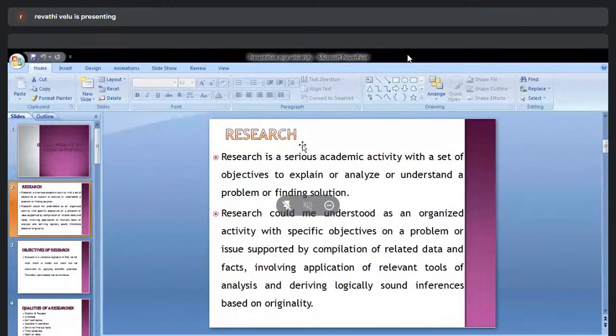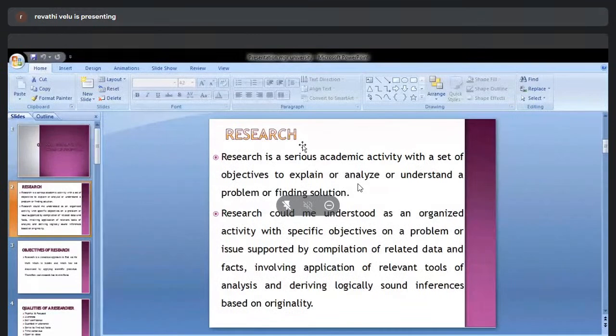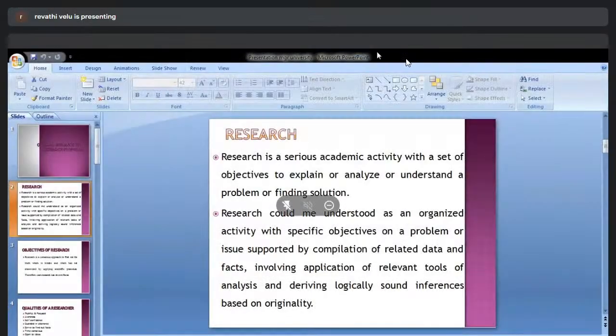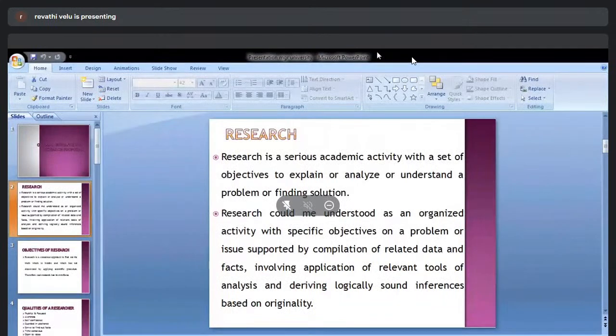Once you manufacture the product, first you have to analyze what marketing strategy you're going to adopt, how you're going to market your product, and what the demand for your product will be.